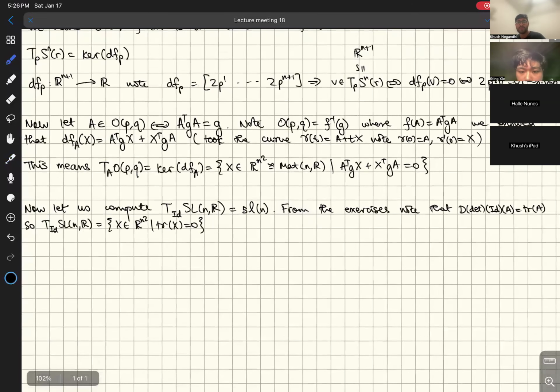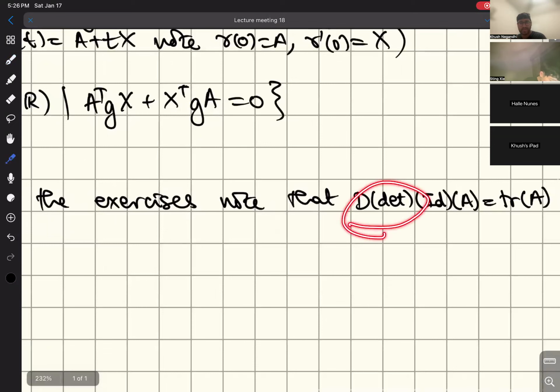And now one might ask, how do I compute the tangent space at other points? You could find the derivative of the determinant at the other points and then take the kernel of that map.